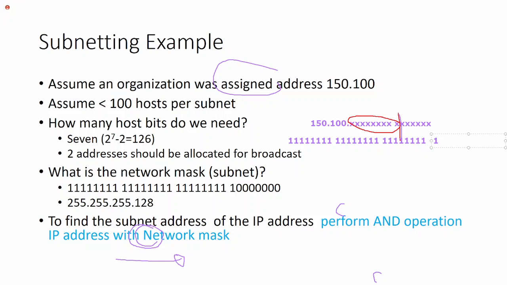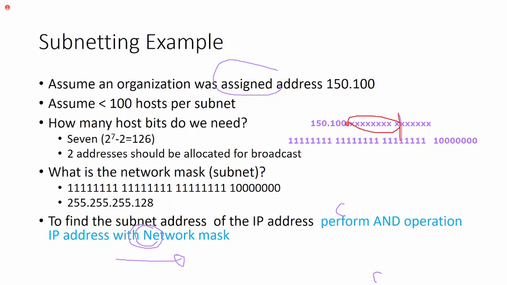And then the others are 0: 1, 2, 3, 4, 5, 6, 7. Right? So this is called the subnet mask. All the network digits are converted into 1. Understood?